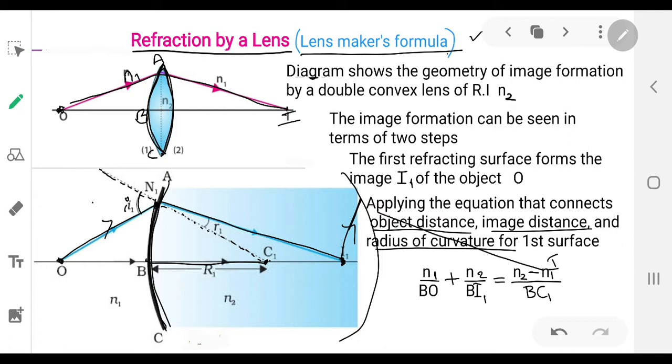How do you measure the object distance? From the pole of the second refracting surface, that is nothing but D, to the object I dash.